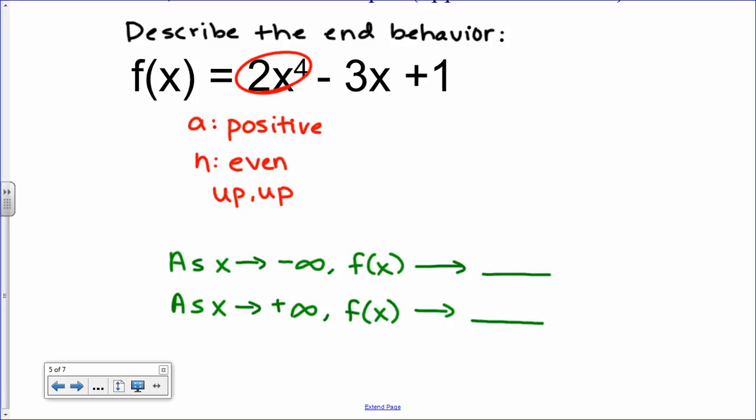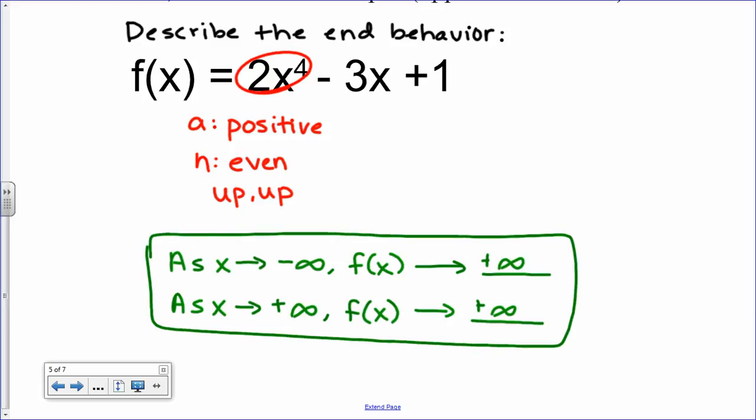This top one describes the left side. The bottom one describes the right side. Since it's up, up, I'm going to use positive infinity and positive infinity. Okay? Questions about that?